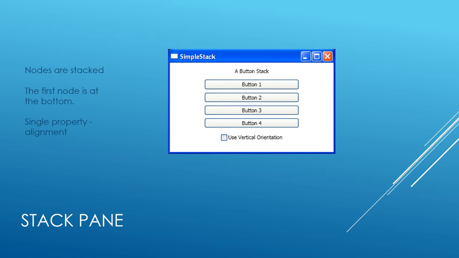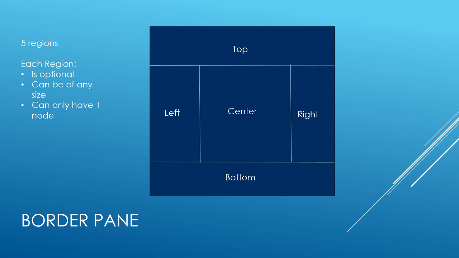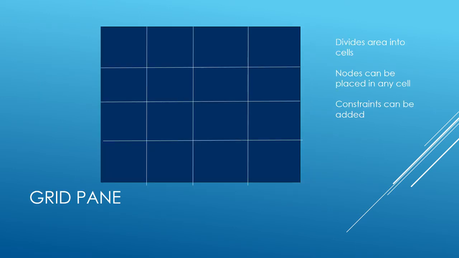We can change it. Now, a border pane has 5 regions, so as we add nodes, we can specify which region the node should be placed in. So we have regions top and bottom, left and right, and then the center. So this is kind of a common window building block that we'll see where we can add components to that border pane.